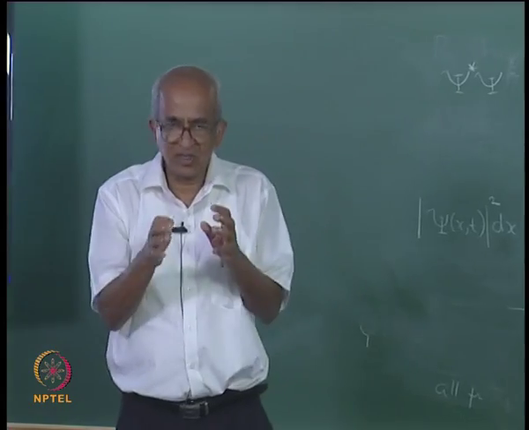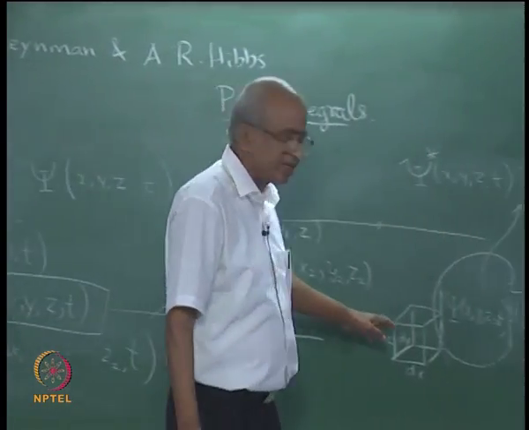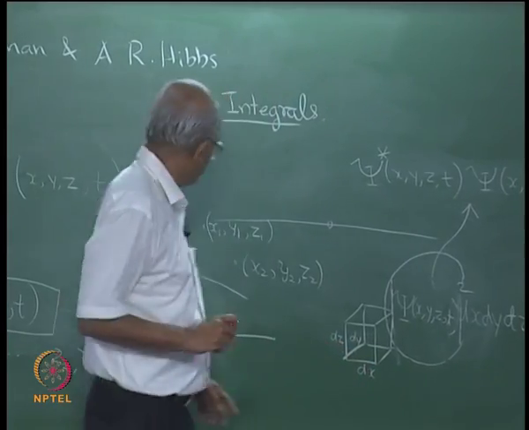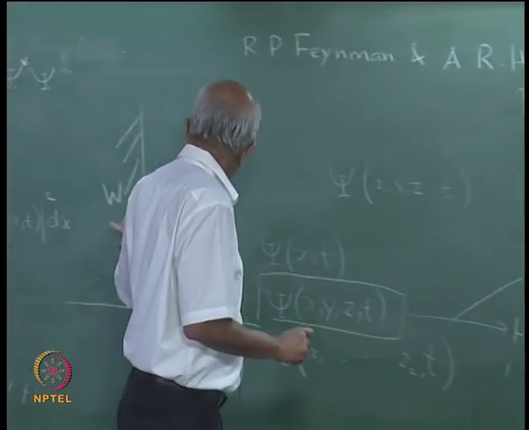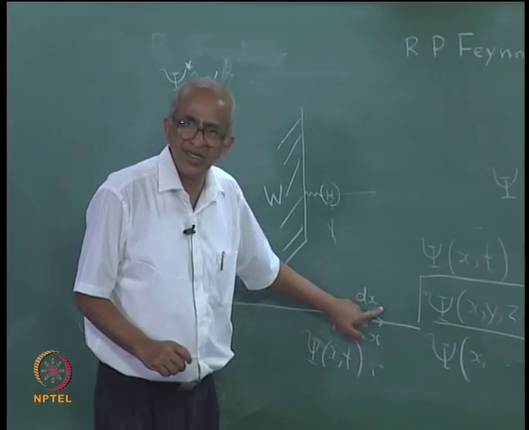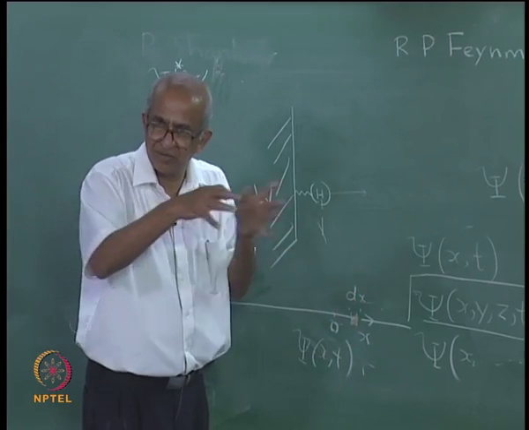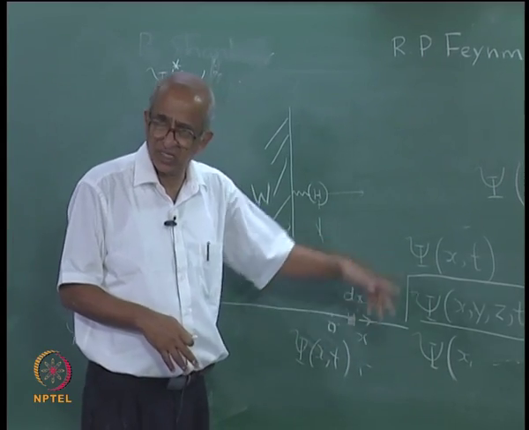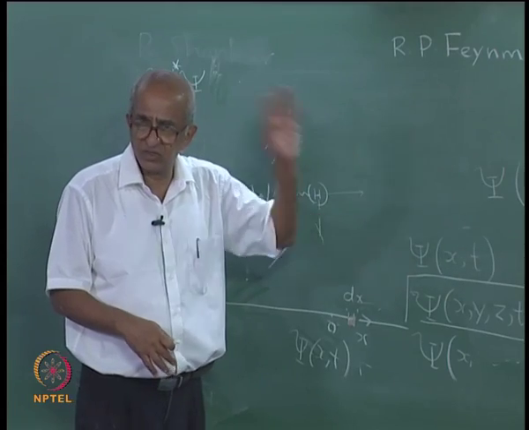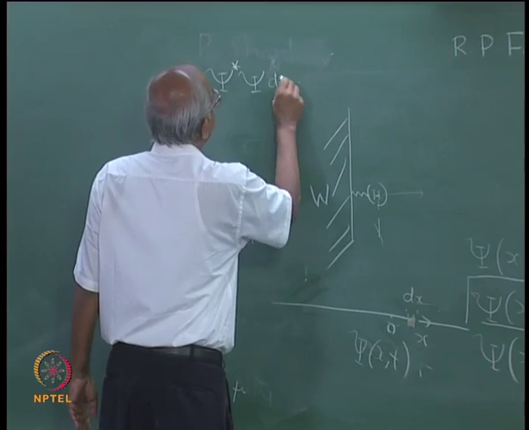If it is a helium atom, you will have to multiply it by dx, dy, dz to get the probability, while if it is just this hydrogen atom vibrating perpendicular to the surface, then you just have to multiply it by dx. So, depending upon the problem, you have to modify whether it is dx or dx into dy into dz and so on. So, we simply adopt a general notation.